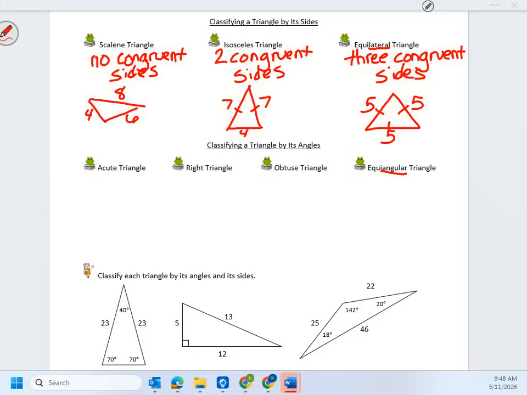I'm emphasizing that because that's a mistake friends make every year. Side triangles, you have to put the measurements on the sides. So angle triangles, when you're giving an example of an angle triangle, you have to put the degree measurement in the angle. Okay? Any questions on our three side triangles?